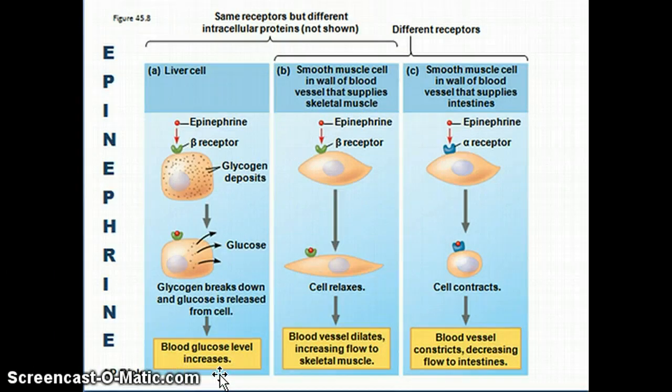So blood glucose levels can actually increase when epinephrine is attached to a beta receptor. So the glycogen deposits are released and glucose levels rise in the blood. Here, again, the beta receptor here on the muscle cell is going to have a totally different effect. But the same hormone is having all these different reactions or responses.